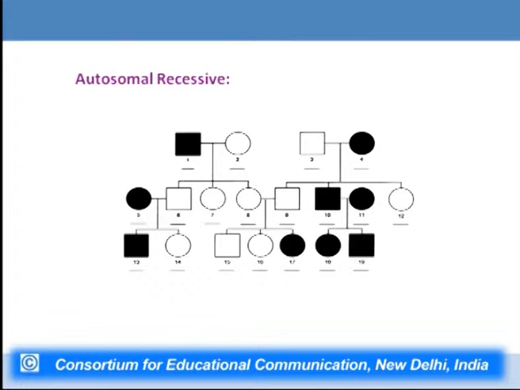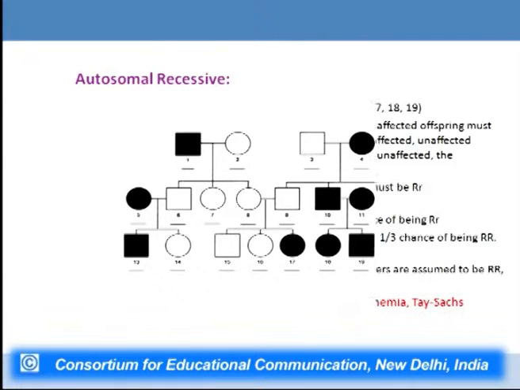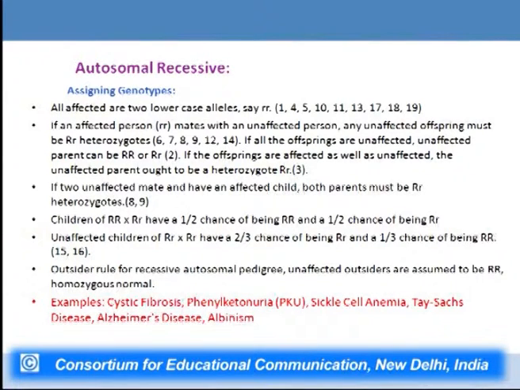In the third generation, their offspring 15 and 16 do not show it, but offspring 17 starts showing this trait. This suggests skipping of a generation: though the parents do not show the trait, one of their offspring does, which points towards an autosomal recessive inheritance pattern. So, how do we assign genotypes for this type of pedigree?